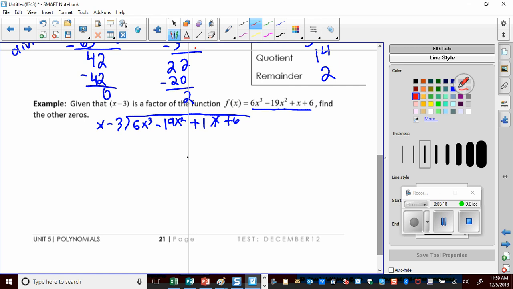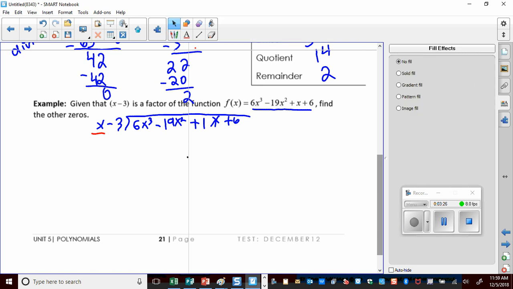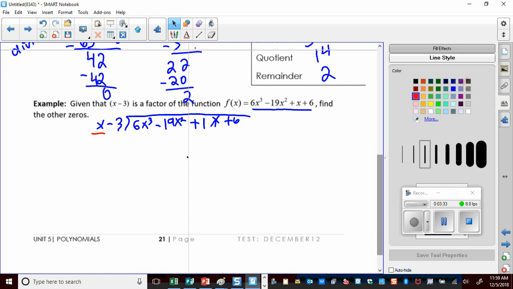So what I'm going to do is divide the first term by x, and then I'm going to multiply whatever I get on top in the red times x minus 3, okay? So what I mean is divide this first term by x, I get 6x squared, right? And then I'm going to multiply it and change the signs.